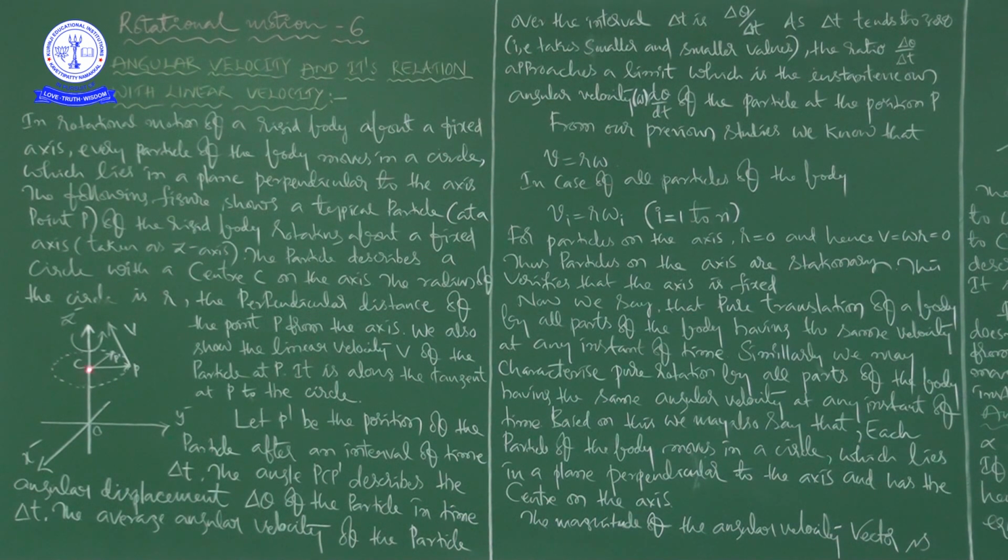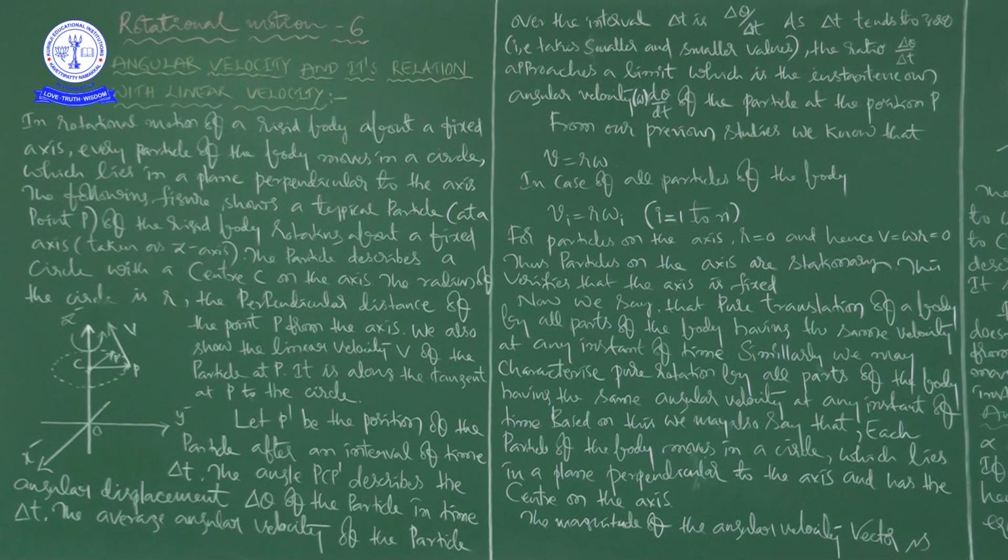And it is the perpendicular vector, that is the perpendicular distance, r bar. We also show the linear velocity v of the particle at P. This is the linear velocity v of the particle at P. It is along the tangent at P to the circle.